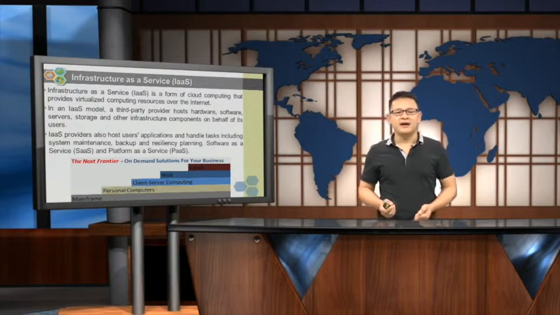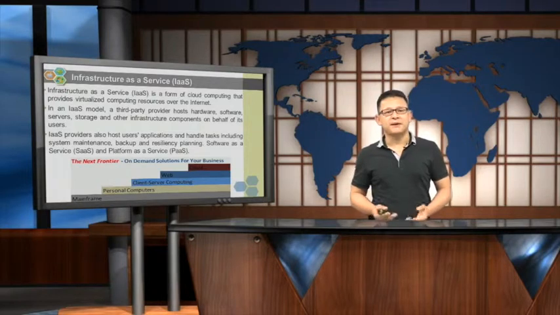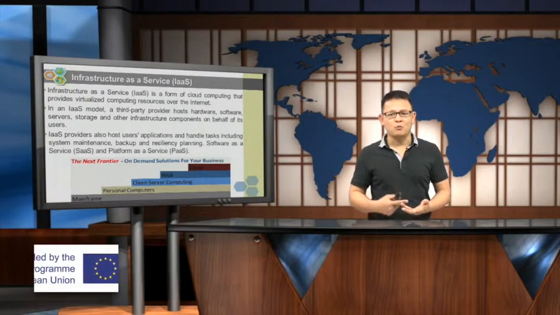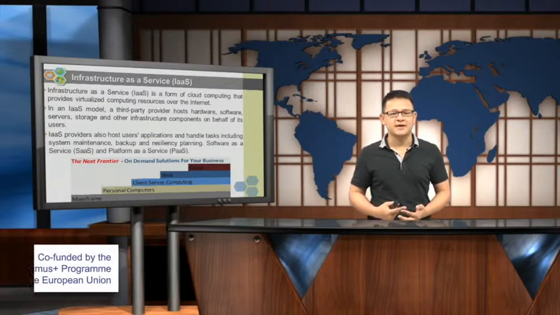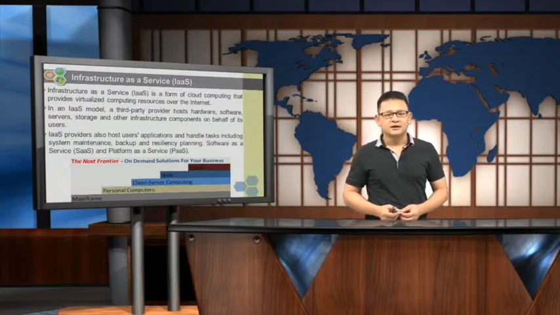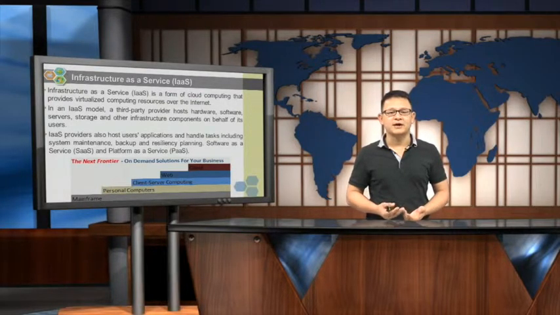So in an IaaS model, a third party provider hosts hardware, software, server, storage, and other infrastructure components on behalf of its users. So IaaS providers also host user application and handle tasks including system maintenance, backup, and resiliency planning.